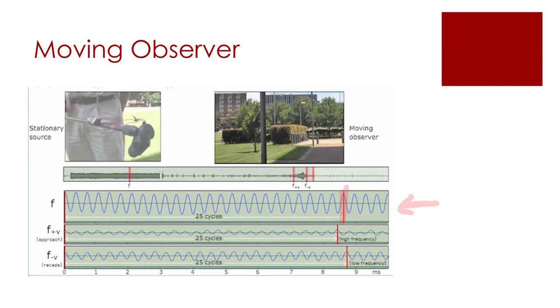So the same number of cycles in less time means the frequency must be greater. And then as the bicycle is moving away from the sound, you can now see that it takes even more time than the original one. That means it's going to have a lower frequency. Notice the actual sound doesn't change the frequency. It's how the observer here is perceiving the change in frequency.